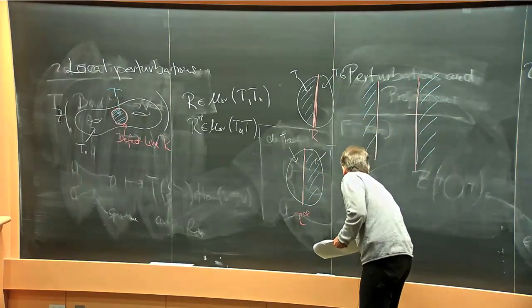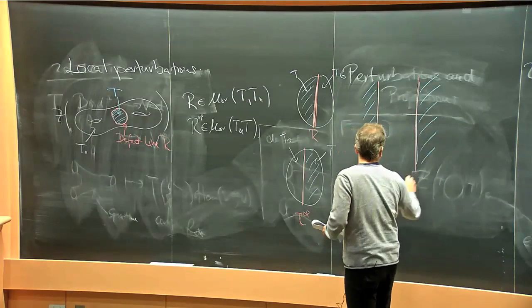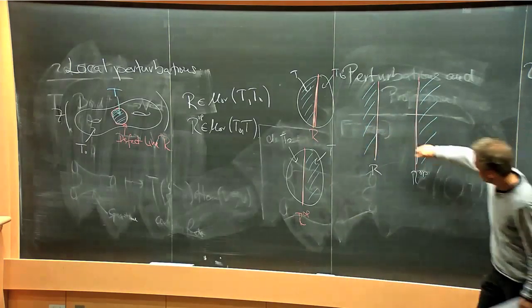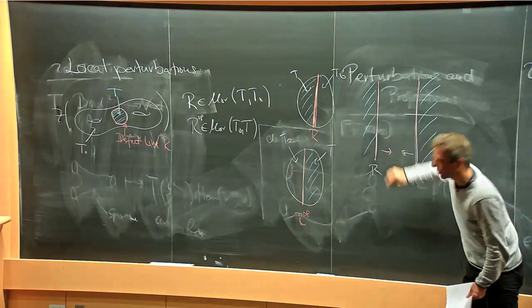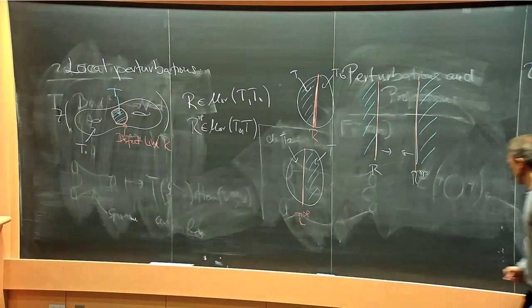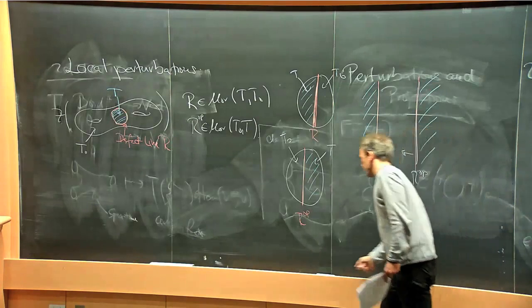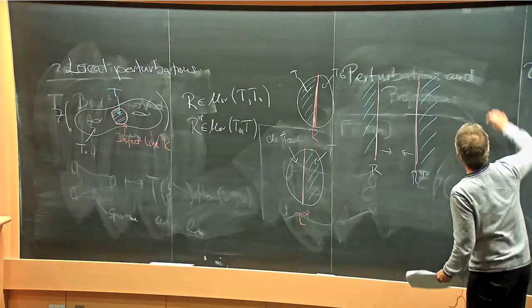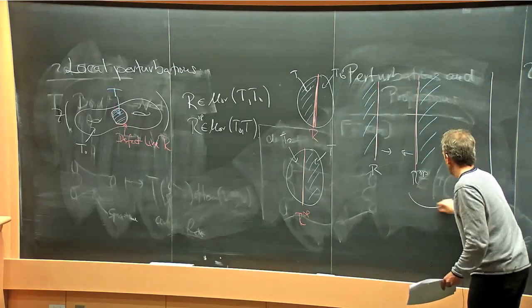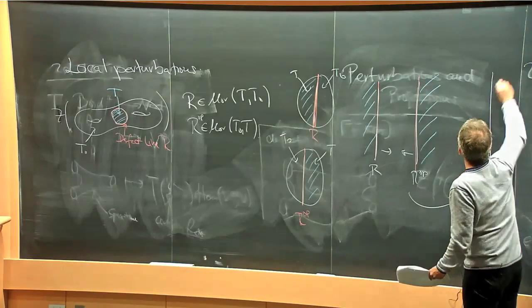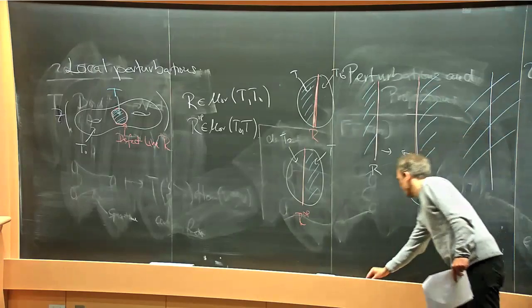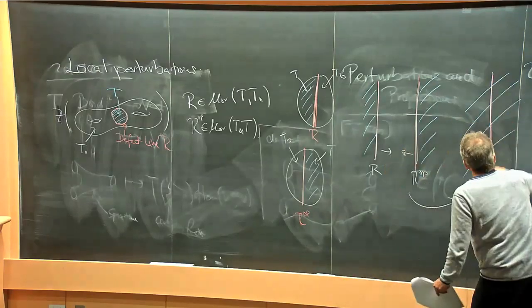One is R and one is R up here. And then you can ask what happens if I push them close together. If I push them close together, I basically get a defect in the perturbed theory. So now your theory is perturbed all the way, and I get some kind of defect here.